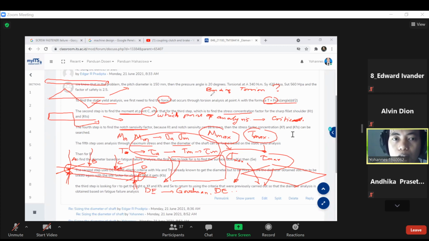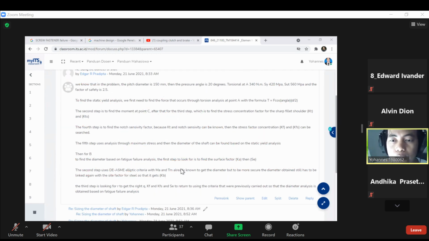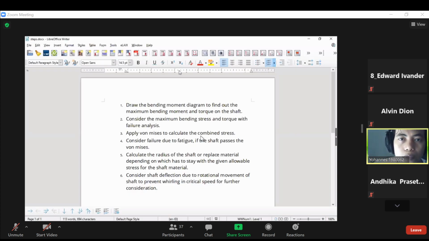So you need to be specific, and the best way to do that is by drawing the free body diagram, just like your friend mentioned here. Okay, so your friend made the steps like this. First, draw the free body diagram. Then from this free body diagram, you can identify what kind of external force is applied there and how many planes are required to draw the bending moment and torsion diagram.